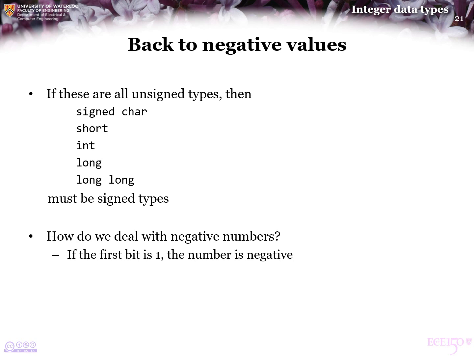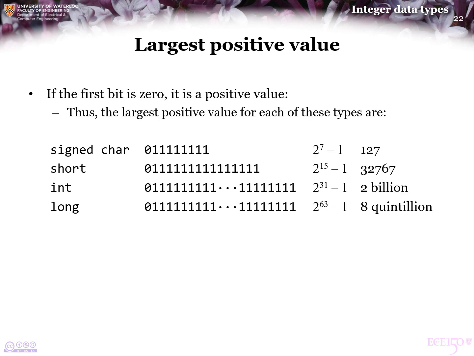So how do we deal with negative numbers? As I said before, if the first bit of the number is 1, we will assume the number is negative. Otherwise, the first bit is 0, in which case the number is positive. If the first bit is 0, it's a positive value, and thus the largest positive value that can be stored for each of these 4 types, assuming of course that long is 64 bits, is for a signed char, 0 followed by 7 ones, or 127.